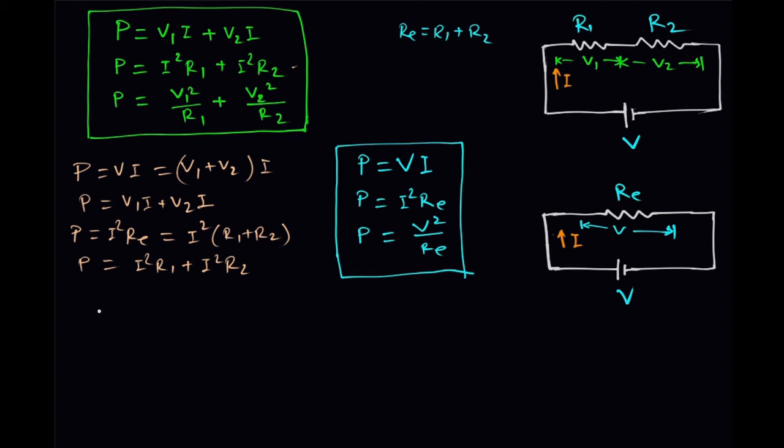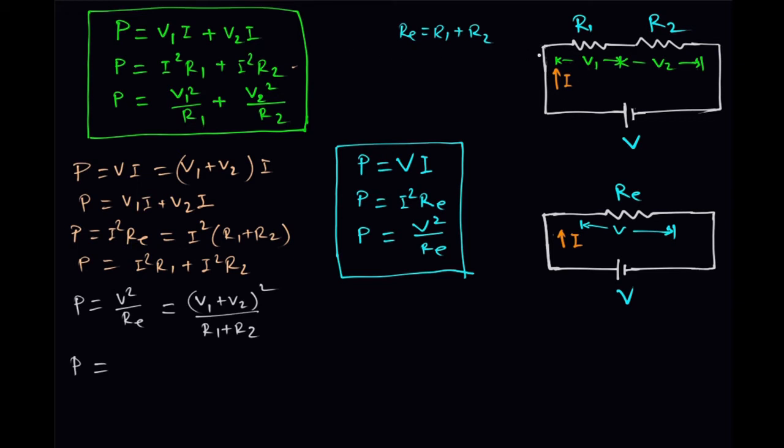P is equal to V square divided by RE, that is equal to V square, we'll take it as V1 plus V2 squared, divided by RE. In place of RE we can write R1 plus R2. So you get P is equal to, what is V1?